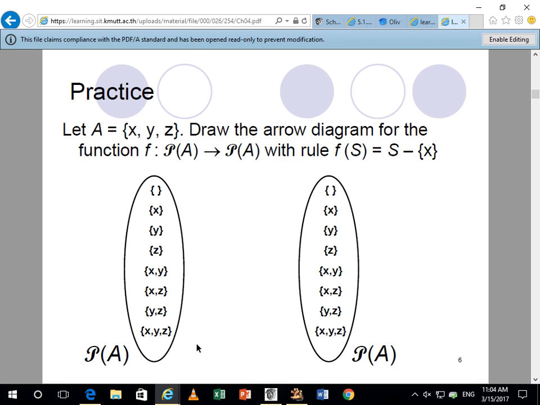Okay, let's get you to do some exercise. Volunteer on the left side, volunteer on the right side, come up to the board and write down the power set of A. We should get the same answer, right? So one person on the right-hand side, one person on the left-hand side. There are more of you here. But volunteer to come up to write down the power set of A. You can choose your color.